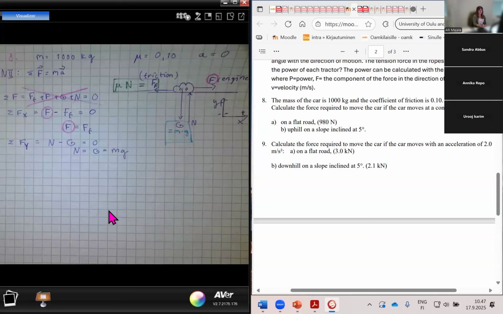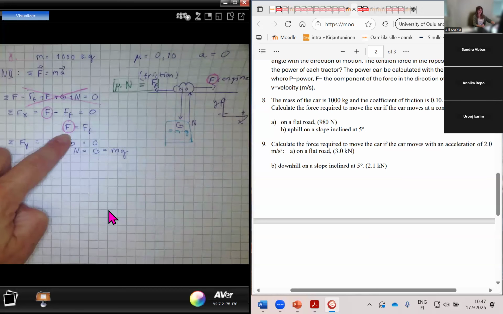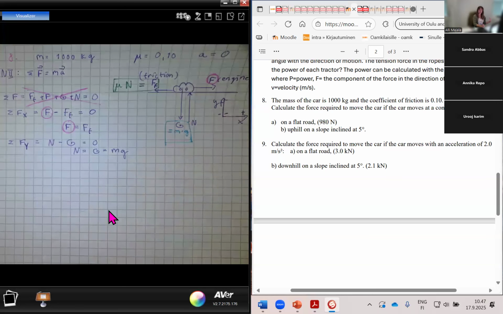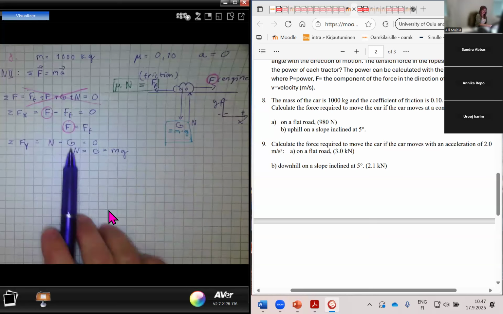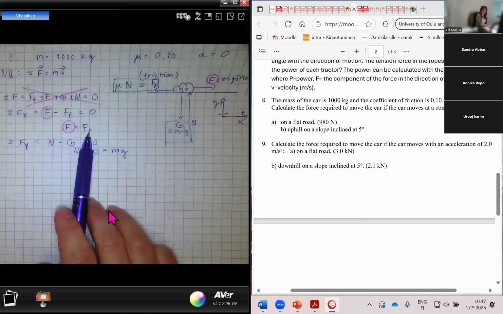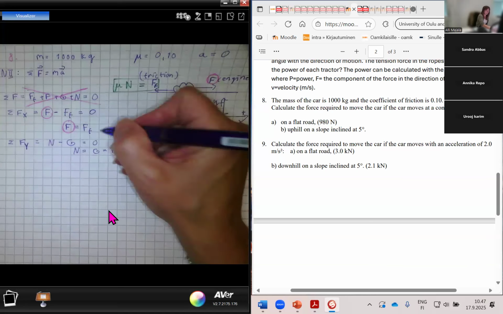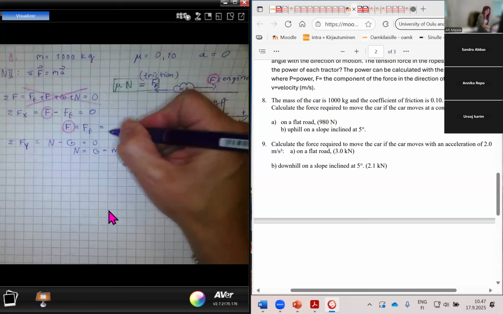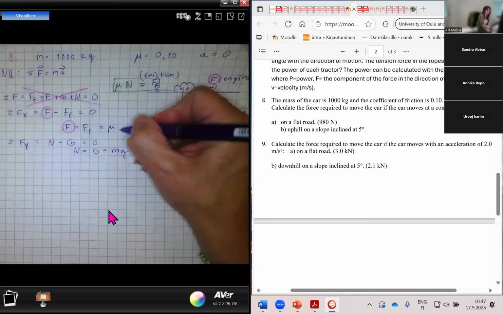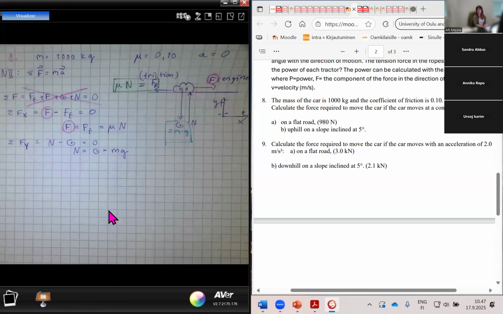Well, we try to do this properly now with all the letters. The friction force is always this: friction factor times the normal force.